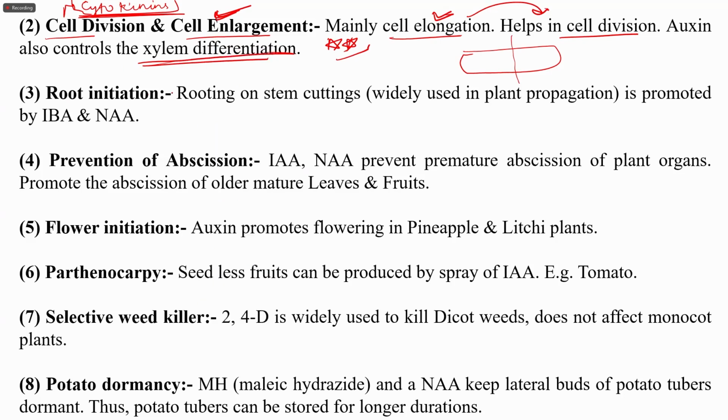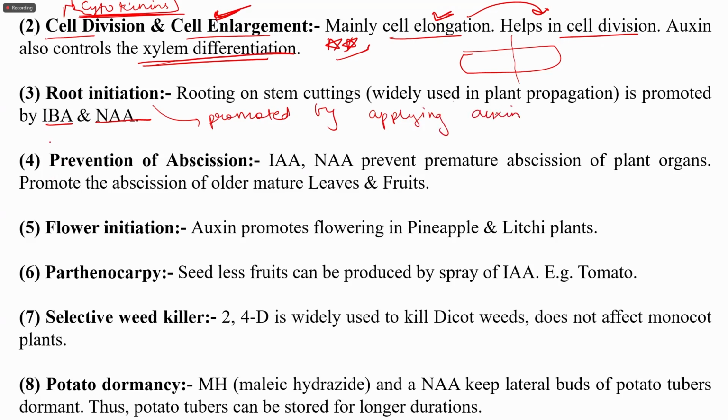Next is root initiation. Rooting on stem cuttings, widely used in plant propagation, is promoted by IBA and NAA. That is, it is promoted by applying auxins.